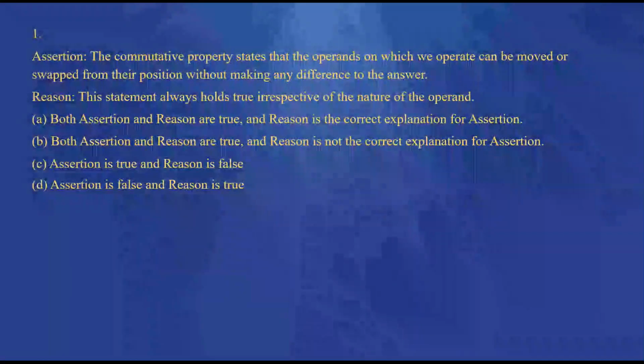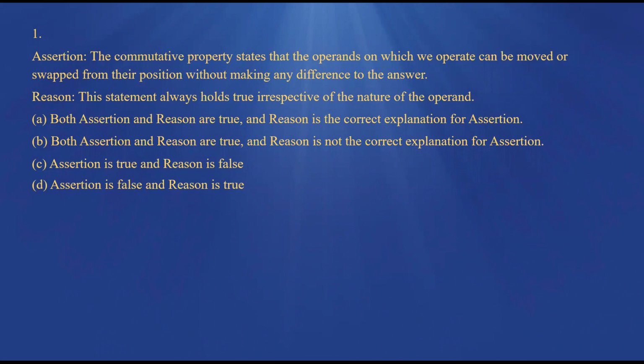First question, assertion: the commutative property states that the operands on which we operate can be moved or swapped their position without making any difference to the answer. Reason: this statement always holds true irrespective of the nature of the operand.